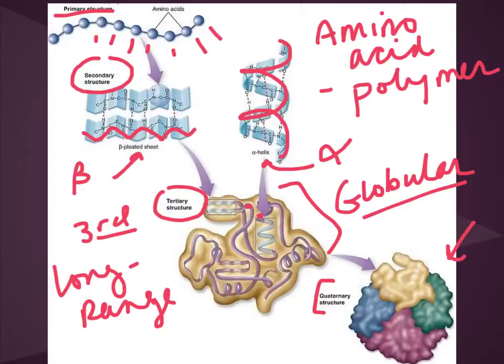So we have four levels of protein structure. The primary structure is the sequence of amino acids. The secondary structure is the short-range bonding between amino acids. The tertiary structure is long-range bonding that creates the globular structure of proteins. And the quaternary structure is when we take that globular structure and interact it with other globular structures or other strands of folded proteins.